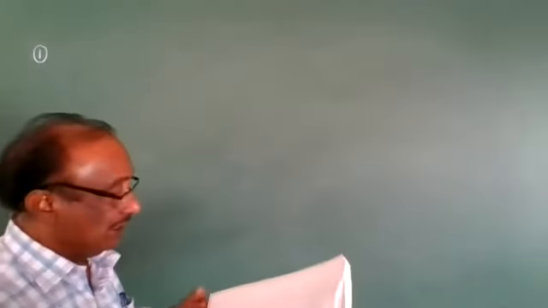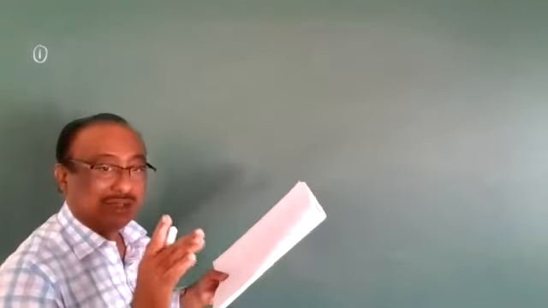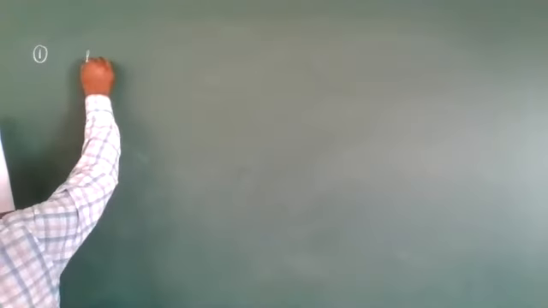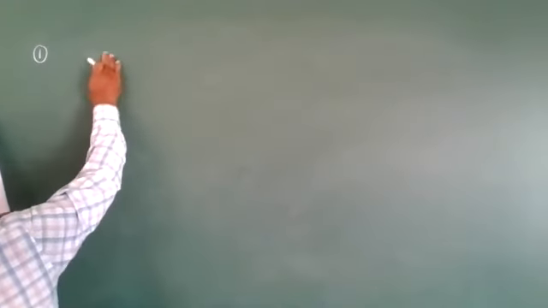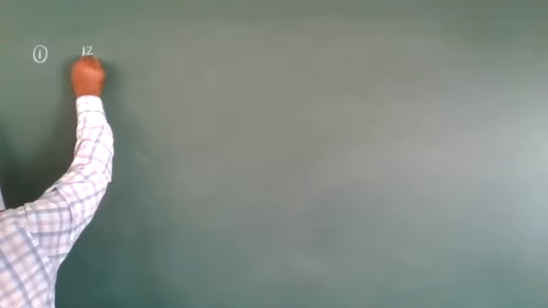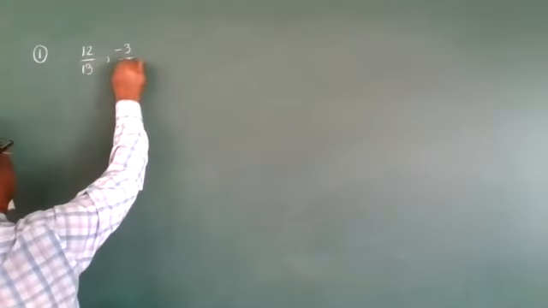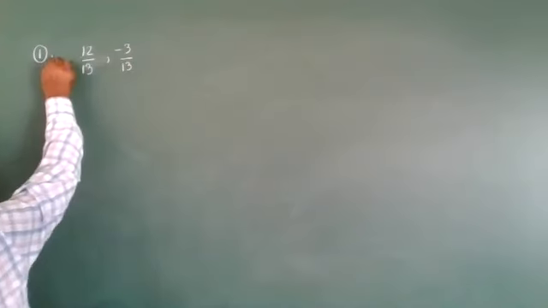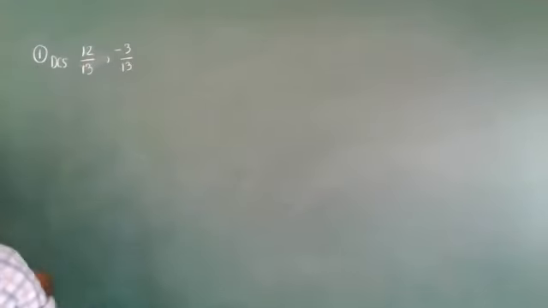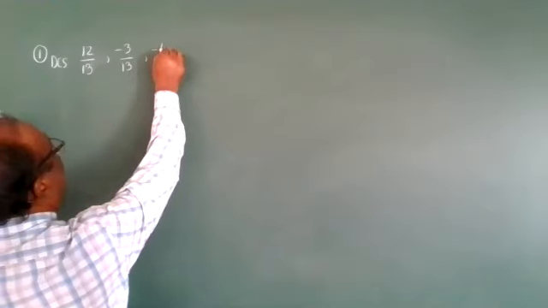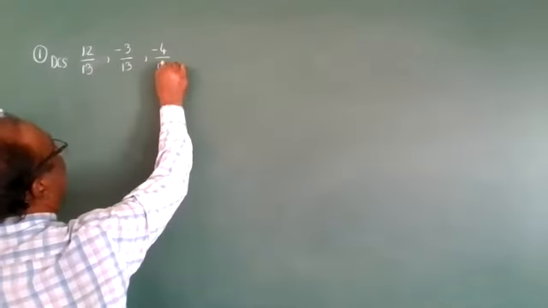So what is given? Show that the 3 lines with the DCs given are mutually perpendicular. What is the first line? The DCs of the first line are 12 by 13, minus 3 by 13, minus 4 by 13.